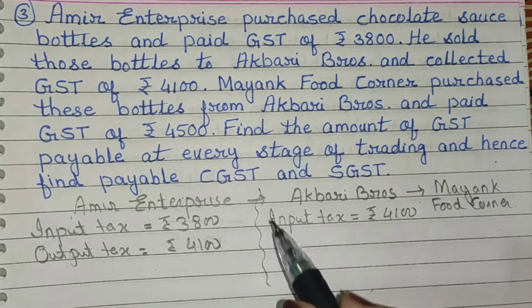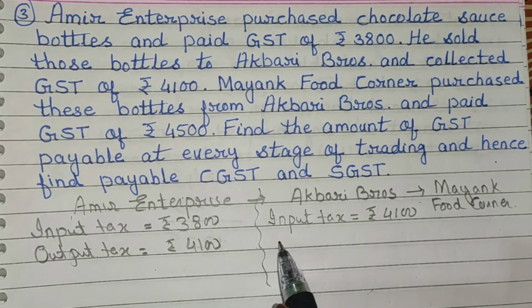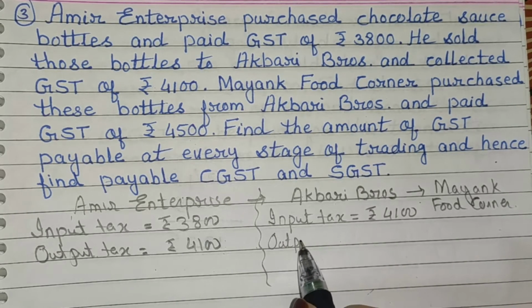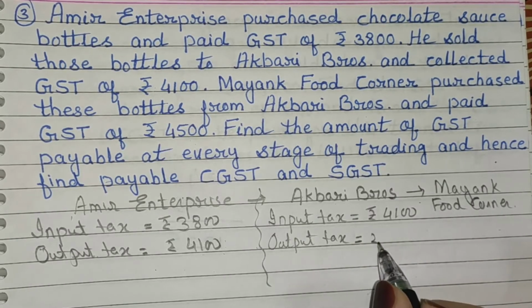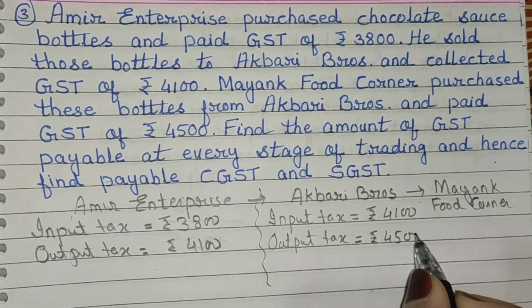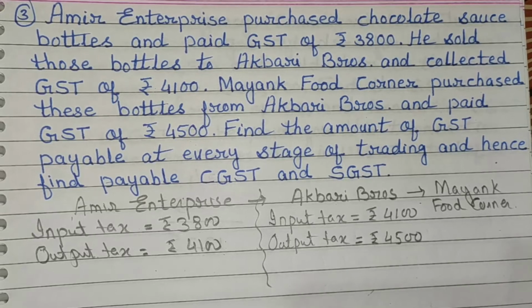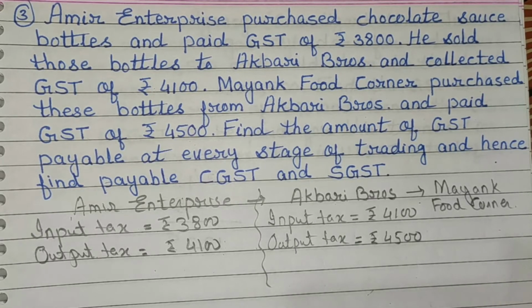Now it is the value of tax collected of Akbari Brothers. Therefore, it is output tax, rupees 4,500. Now write down the solution here.